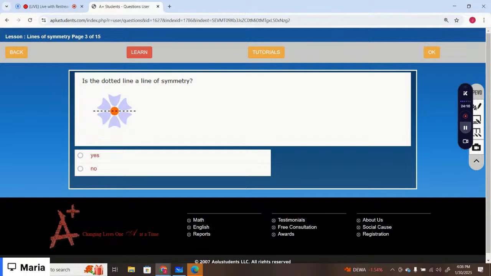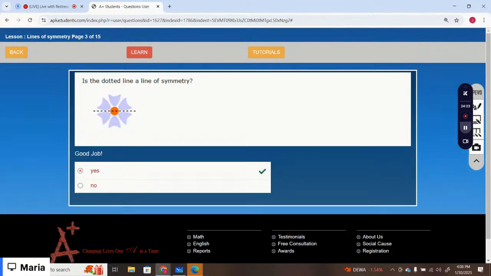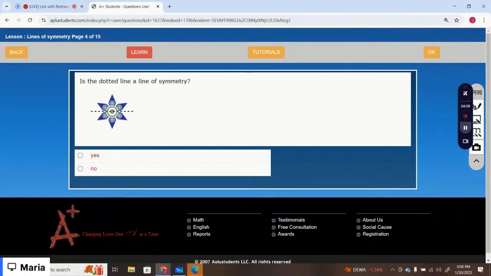Is the dotted line a line of symmetry? Yes, that is the line of symmetry. Option number one is the correct option. Is the dotted line a line of symmetry?